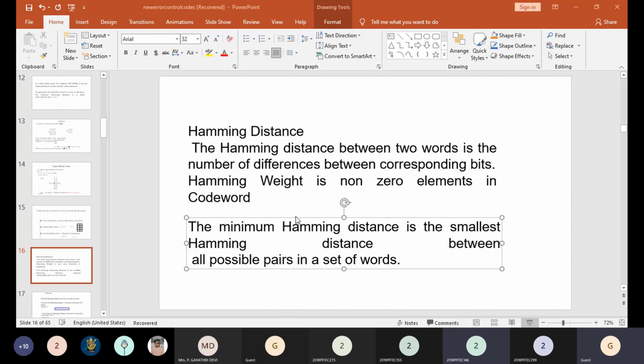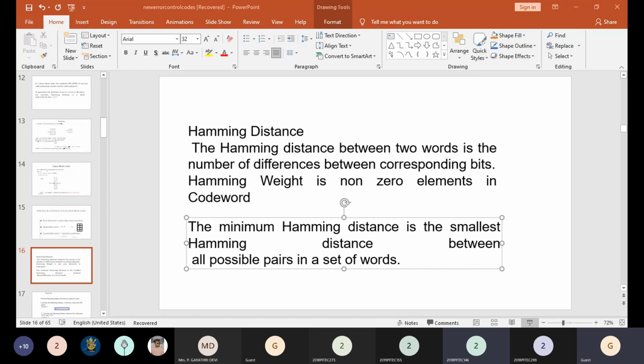If the received signal is c of x plus e of x, where e of x is the error signal, then to check if the received signal is error free, the remainder from dividing c of x plus e of x by g of x is obtained, which results in the syndrome.